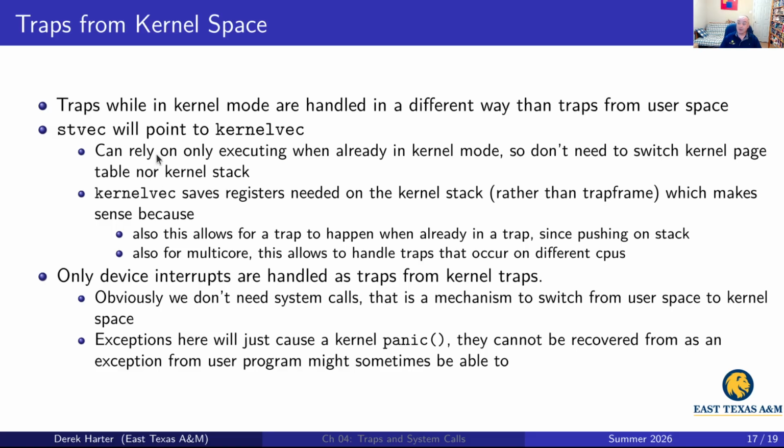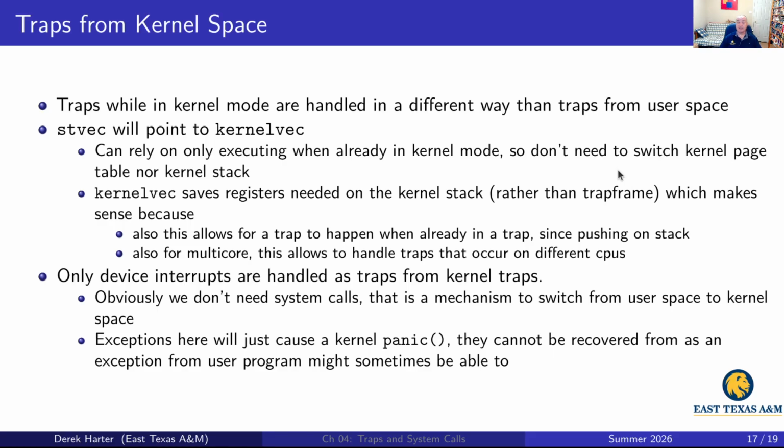So when a trap occurs and we're in kernelvec, we can rely that we're already in kernel mode, so we don't have to switch to the kernel address space, nor do we have to change the kernel stack. That's one thing that's easier in the kernelvec code.